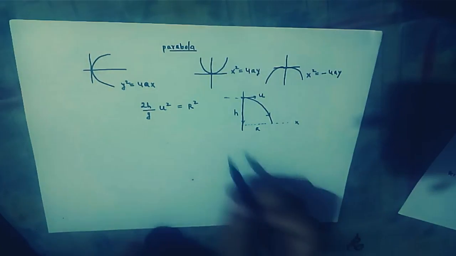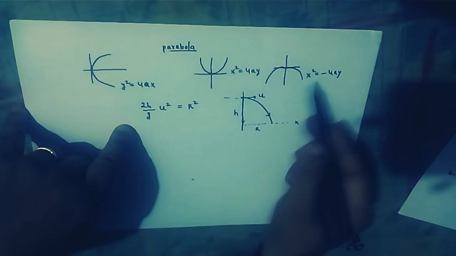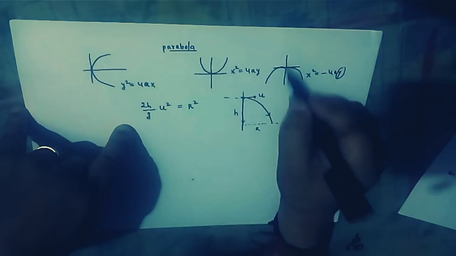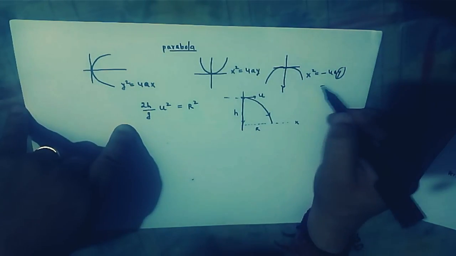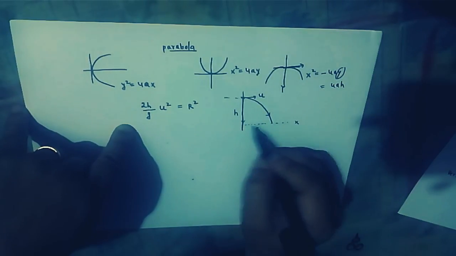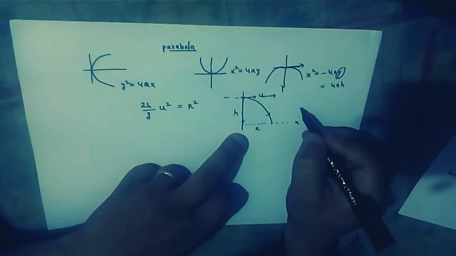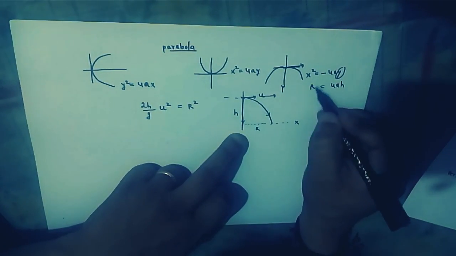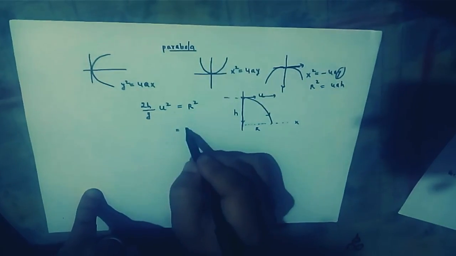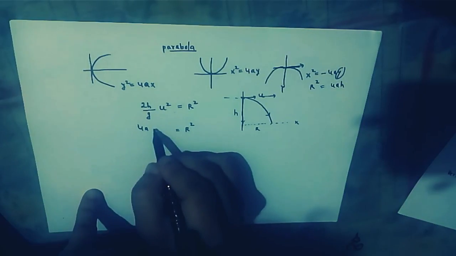So in place of y you can put h, so that is 4a h, and in place of x you can put r, so you can write r square.